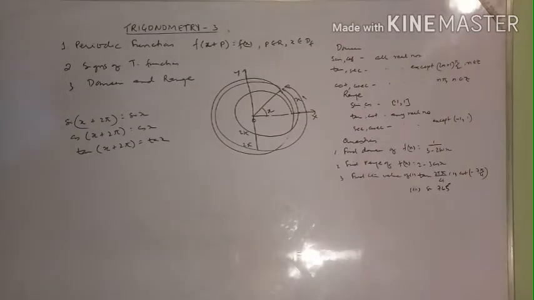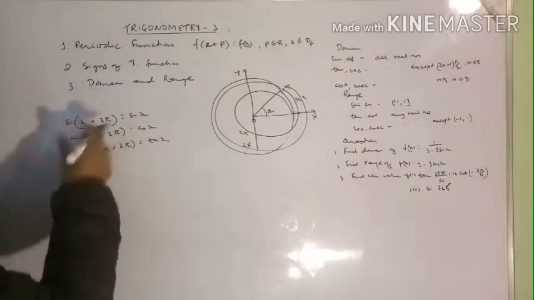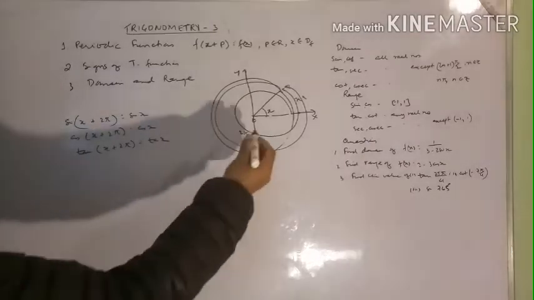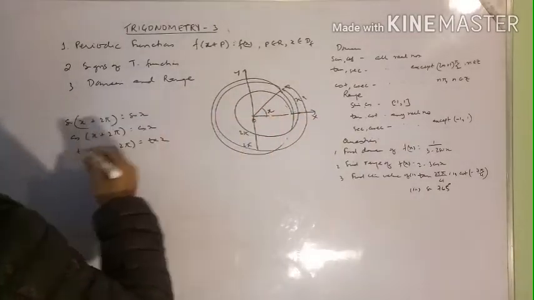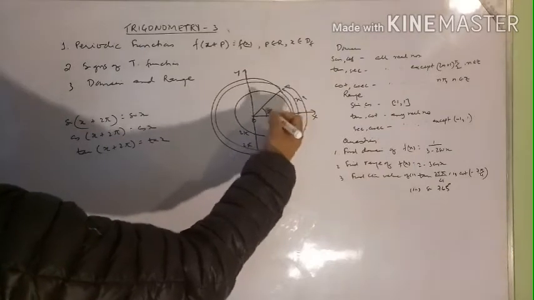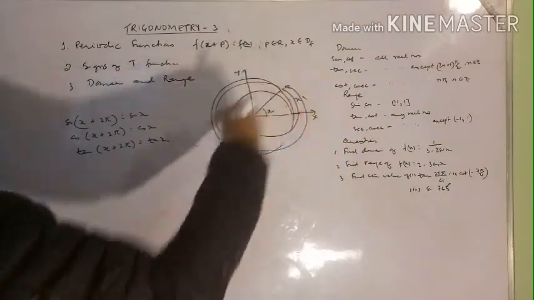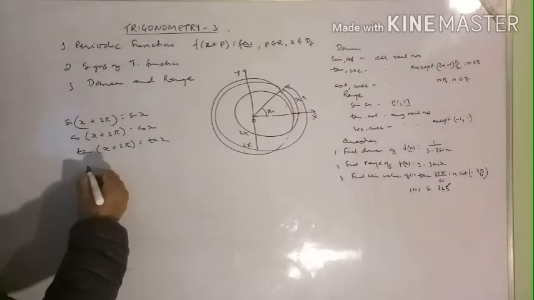Okay, so if you take the multiple of 2 pi, then the value of these ratios will remain the same. So as you can see, when you take 2 pi, it means one rotation, then if you take 2 rotations, you get 2 into 2 pi. If you take 3 rotations, you get 3 into 2 pi. So you can generalize now.